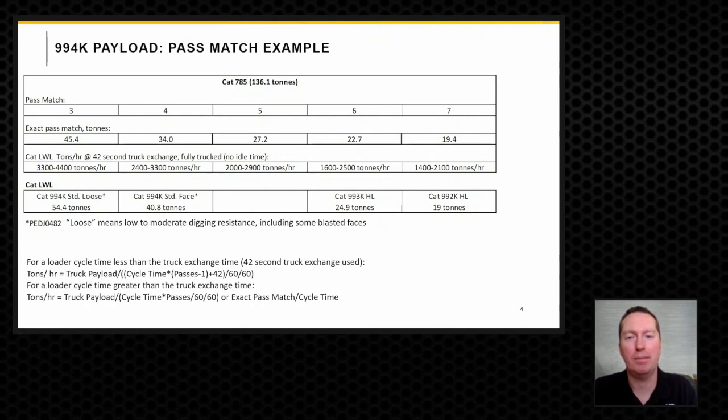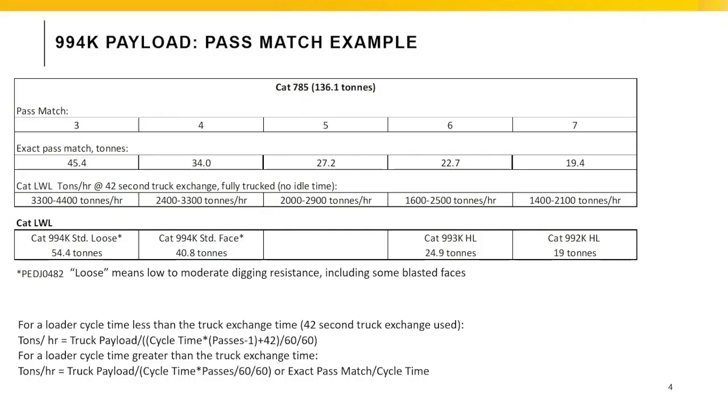And the key is going back to that math on the last slide. Now we want to configure the bucket pretty close to that 34 metric ton target, maybe a little bit higher. But if the bucket's bigger than it needs to be and you can't get that pass from 4 down to 3, you're actually not going to gain any productivity. So let's go then to that 3-pass match scenario.